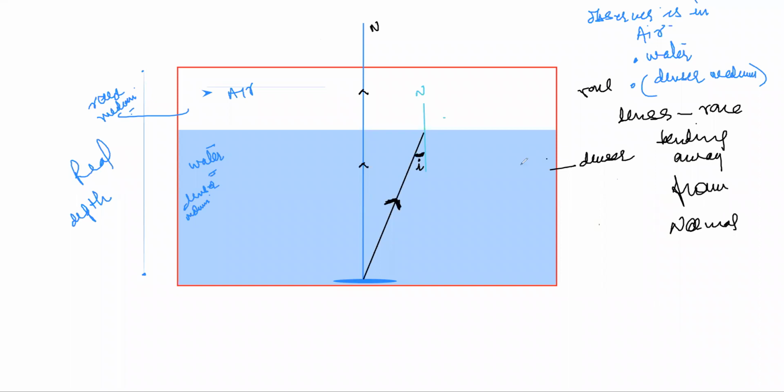Light bends away from the normal. Light has to change its path. All right. Are you understanding this point?